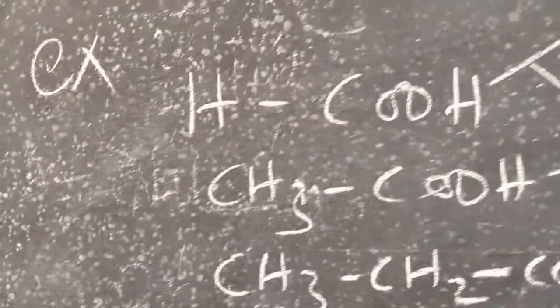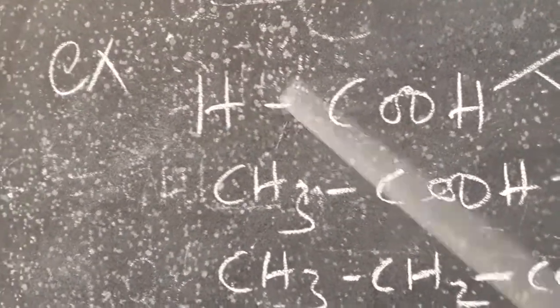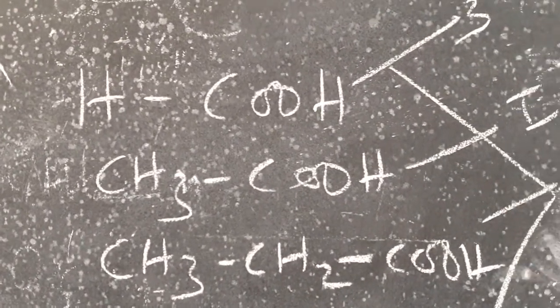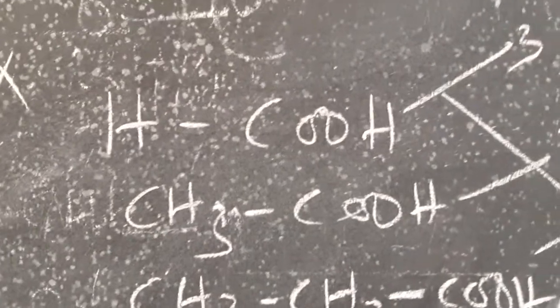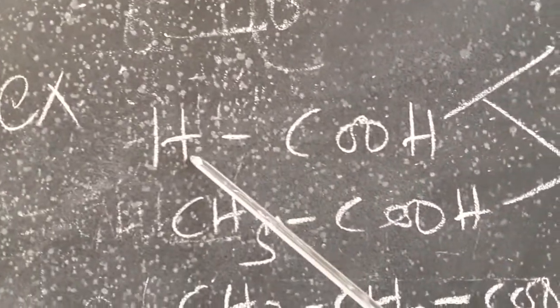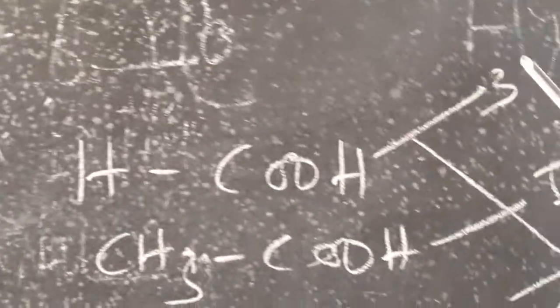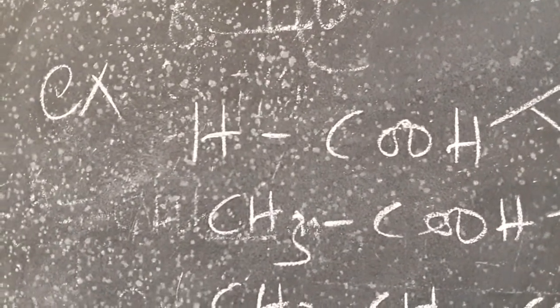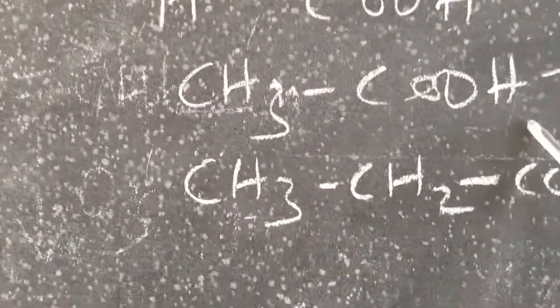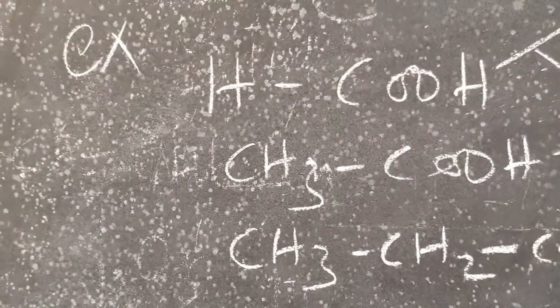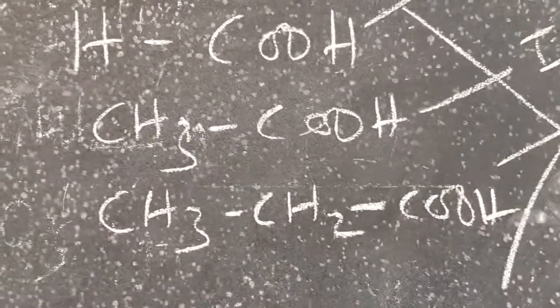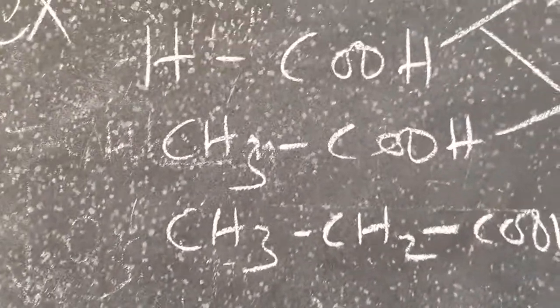Now you can see this example. HCOOH. H has no property at all: not electron supplying, not electron pulling. Pushing is not there, pulling is not there. H is neutral. In such cases, it is a weak acid. Then CH3COOH, see, the CH3 is an electron giving group, an electron donating group.